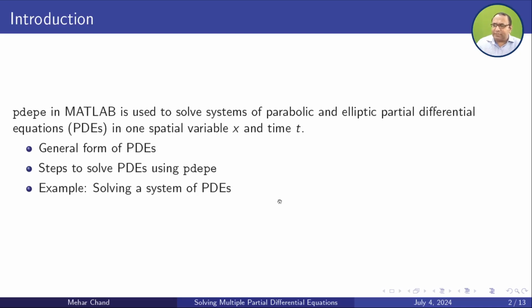Here are some steps: the general form of PDEs, then the steps to solve the partial differential equations using the pdepe solver. Then we put here an example of solving a system of PDEs. Here we are choosing an example of 2 partial differential equations with their initial and boundary conditions. Later on, we can easily extend this to multiple equations, more than 2.